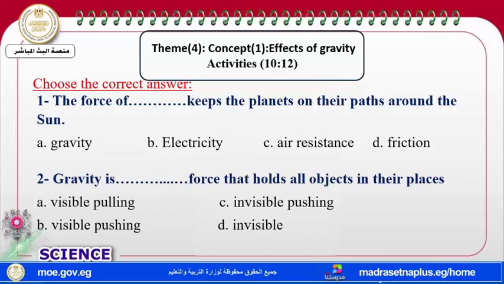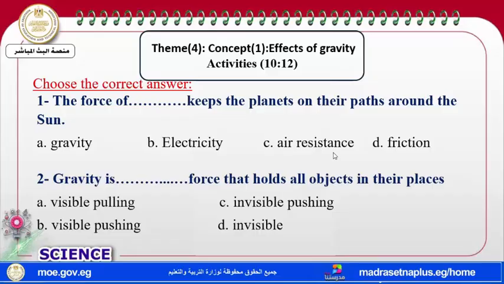The force of what? Keep planets on their path around the sun. Is it the force of friction? No. Friction is between objects, and it's a touching force. Air resistance?